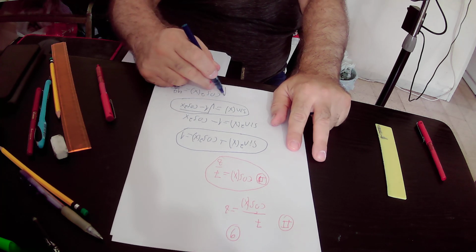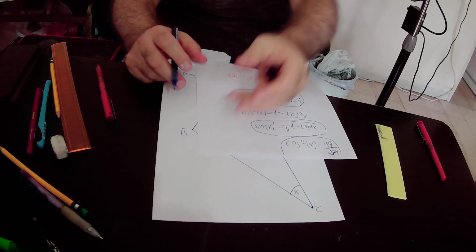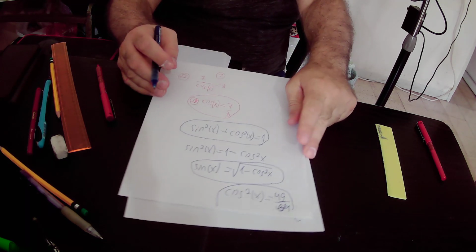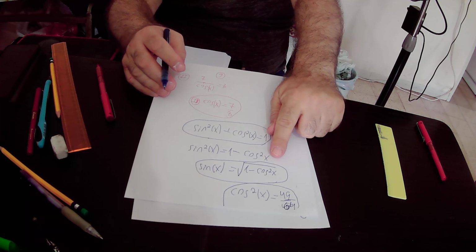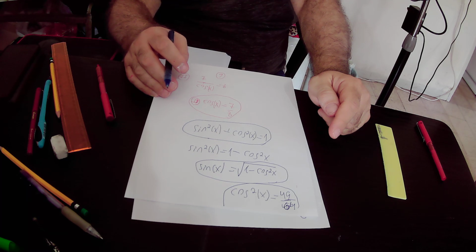So here we can substitute cosine square x in this equality by 49 over 64.